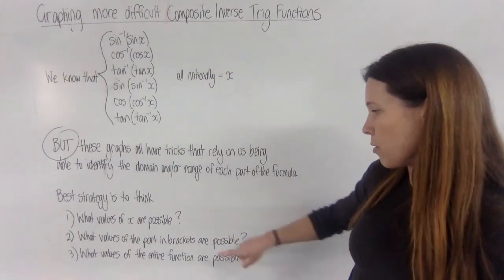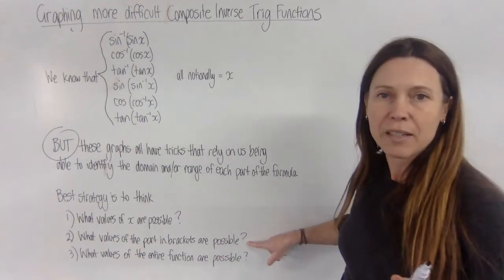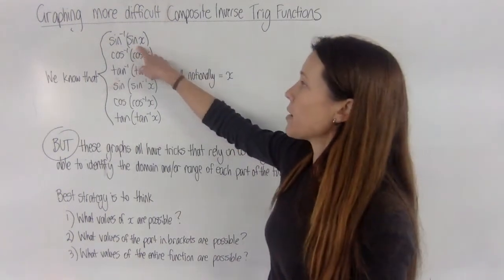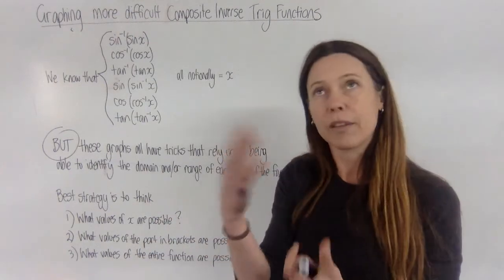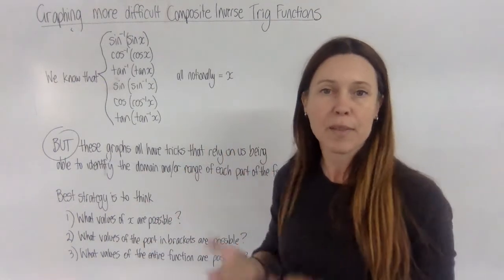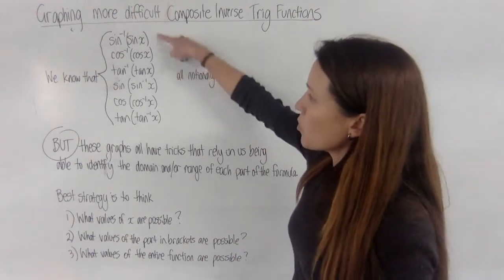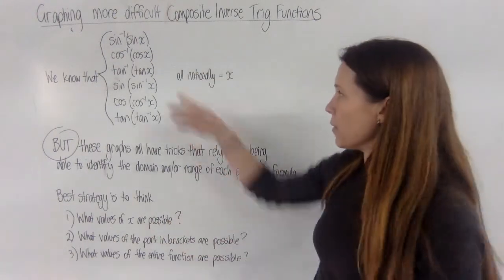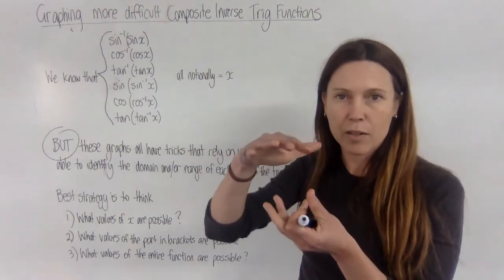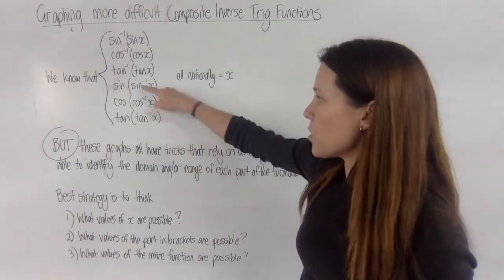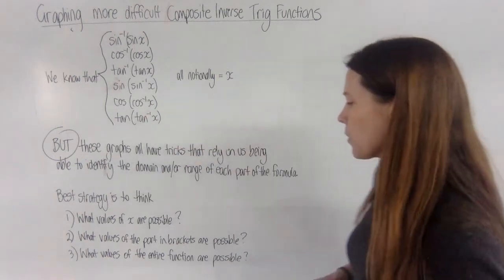Once you've thought that through, think what values of the part in brackets are possible. What could sine x be? Well, if x can be anything, what are the outputs of that? Oh, they've got to be between 1 and -1. And here, this will just be the outputs of your basic sine, cos, and tan curves. Here, the outputs will be limited to those restricted domains and restricted ranges associated with these graphs.